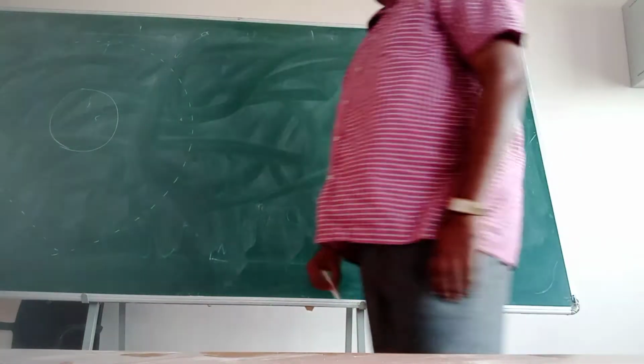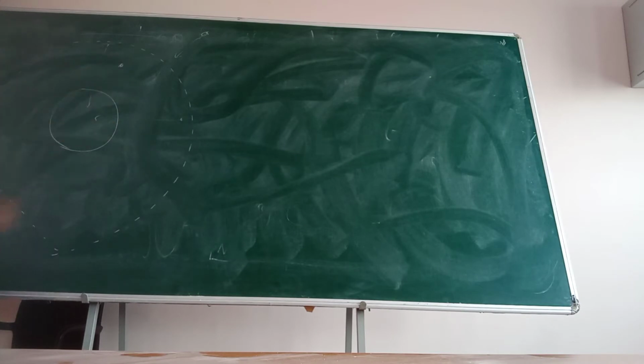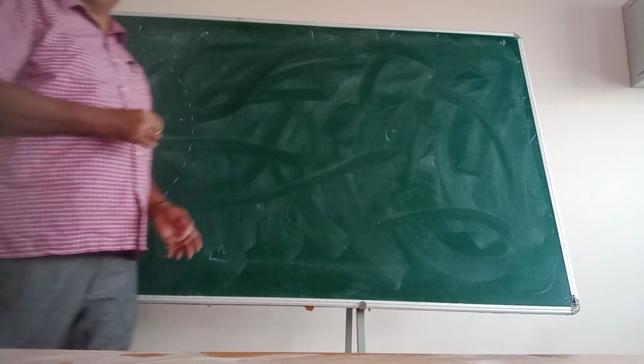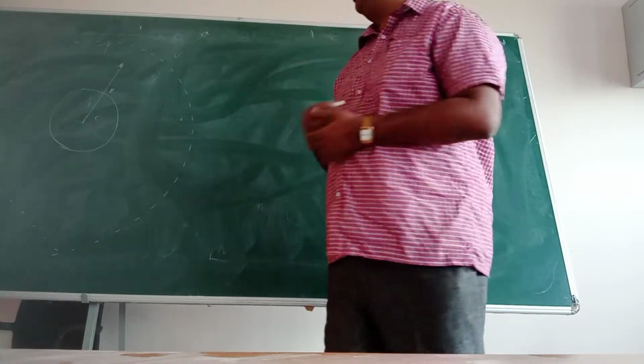Okay. Now, suppose there is a satellite which is over here, at a distance of small r from the center of the Earth. So in our previous classes we have seen how to calculate the potential energy of this satellite. What was the formula?